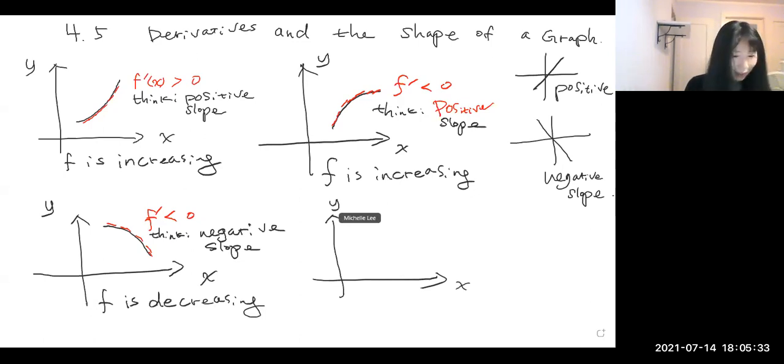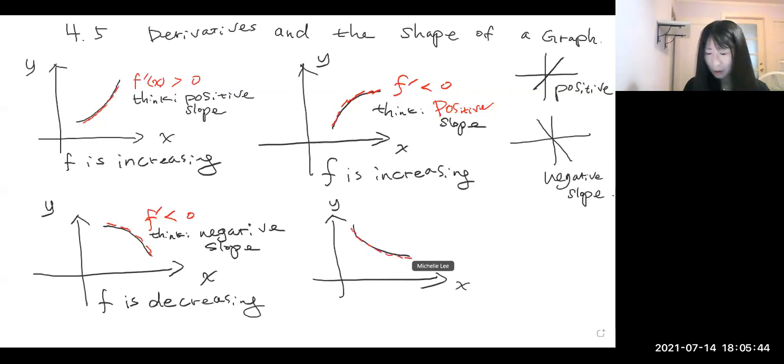Then we have the graph, x, y, and then the slope. Okay, this one, f prime is less than 0, right? Why?